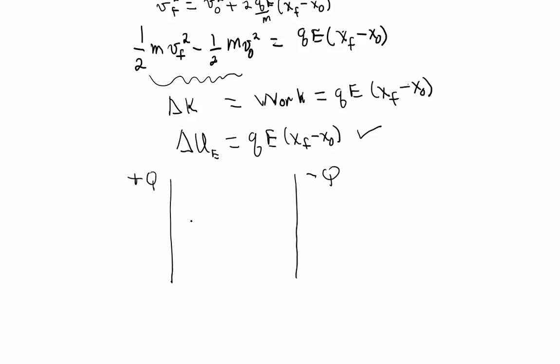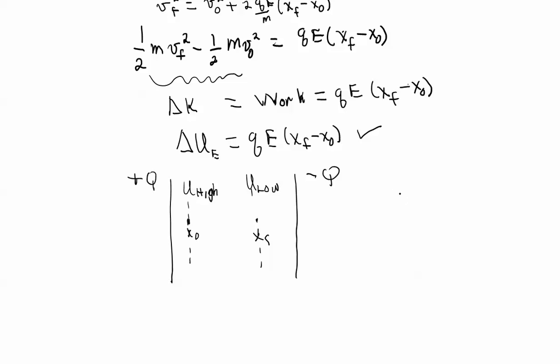So we can visualize at this point at x naught, this represents a place of high potential energy, and x final represents a region of low potential energy. So the positive charge will move from the high to the low.